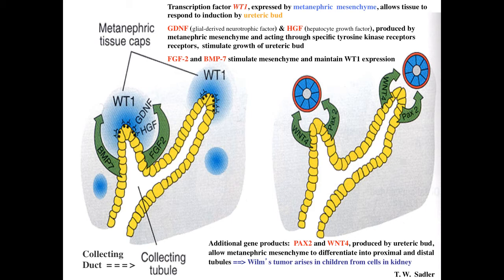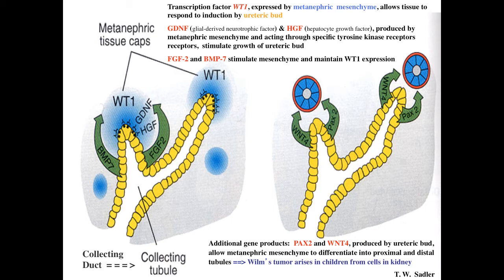There's a transcription factor called WT1 that's expressed by the metanephric mesenchyme, and this allows tissues to respond to induction by the ureteric bud. Glial-derived neurotrophic factor and hepatocyte growth factor are produced by the metanephric mesenchyme, and these act through specific tyrosine kinase receptors to stimulate growth of the ureteric bud.